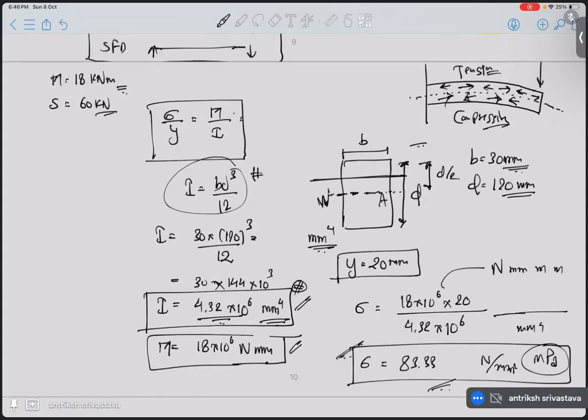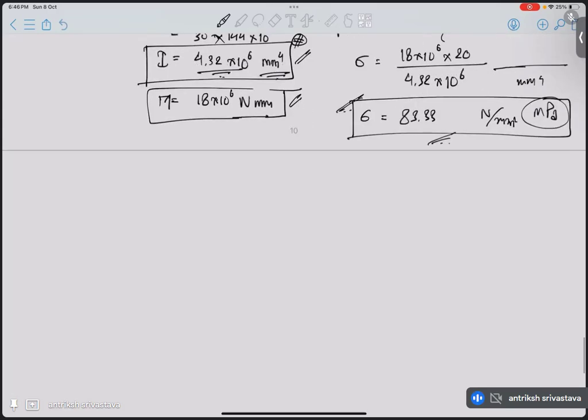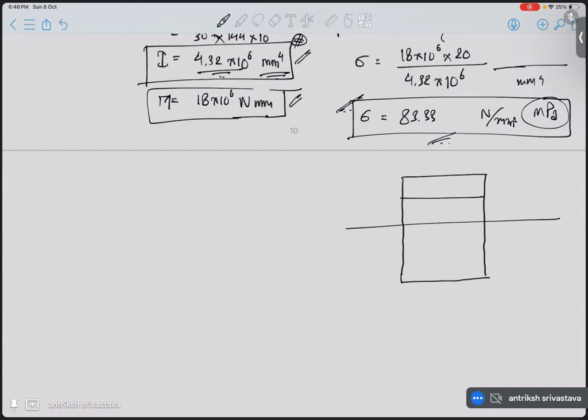Okay, so this is our normal, conventional stress. What about shear stress? If you remember this concept of calculating shear stress, if you want shear stress at this point, some distance y above your neutral axis, then you have to calculate the area of the portion that is above this point, and the distance of the centroid of that area above the neutral axis.